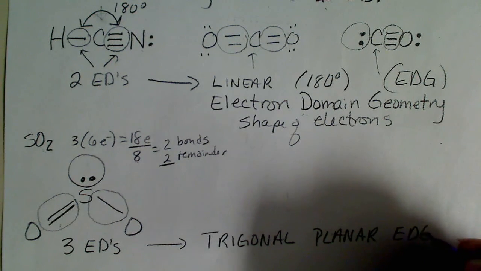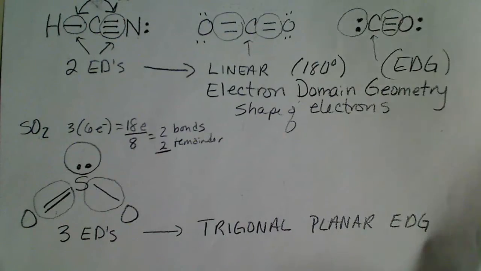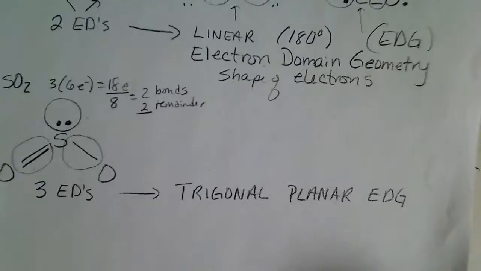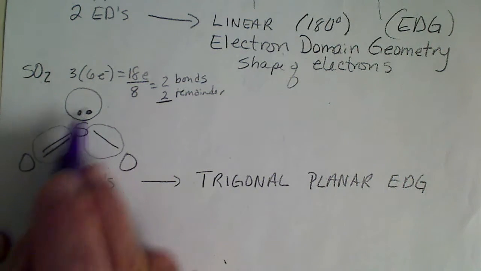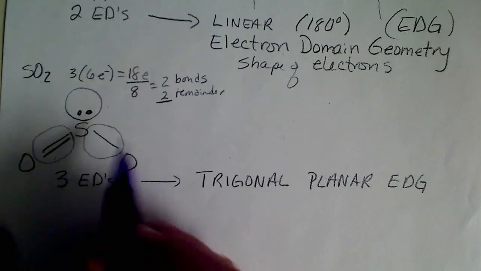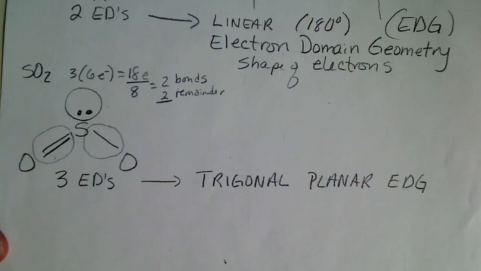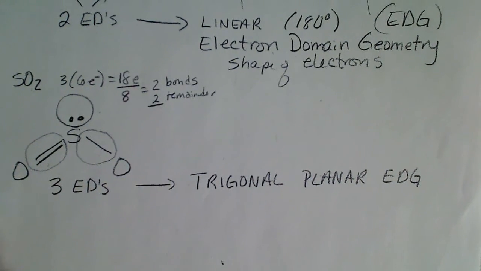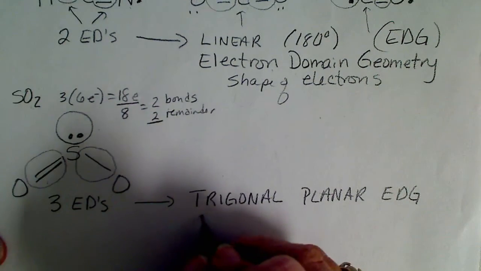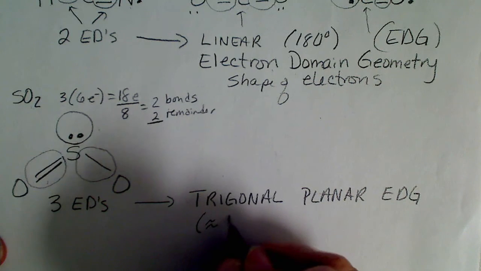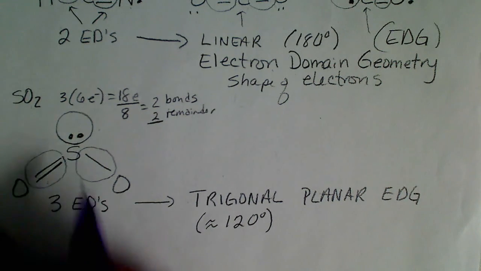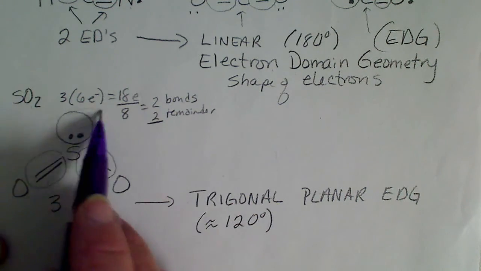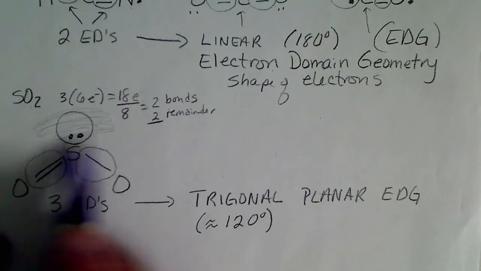electron domain geometry. So 3 groups of electrons, because they are going to repel each other, are going to take this position. Approximately 120 degree angles between them. So I'm just going to put approximately 120 degrees. Lone pairs actually take up more room than bonding pairs.